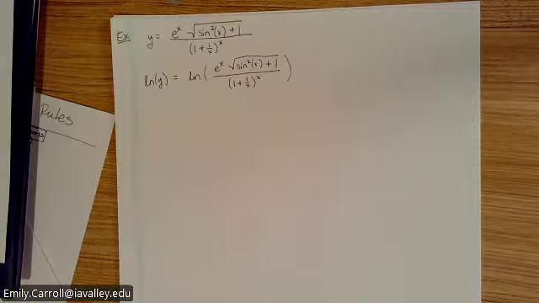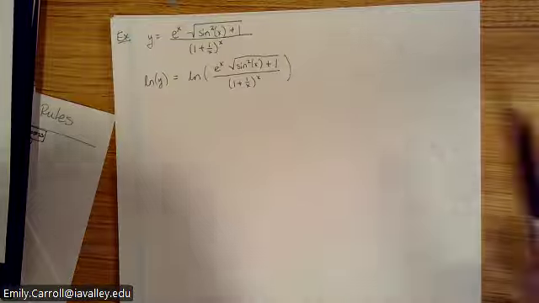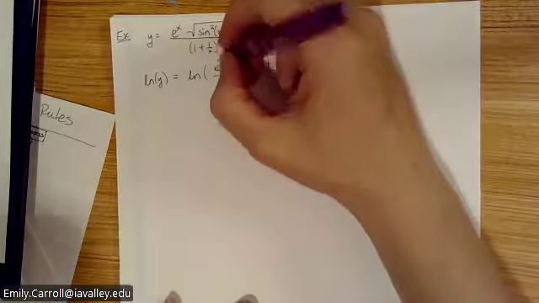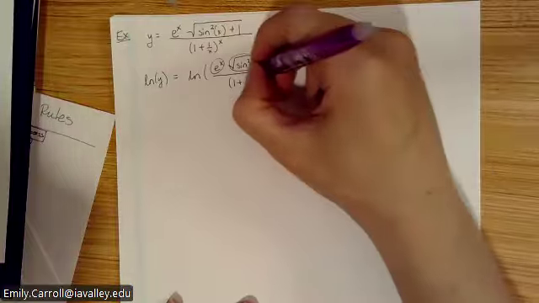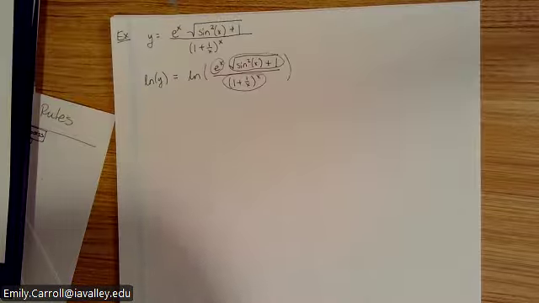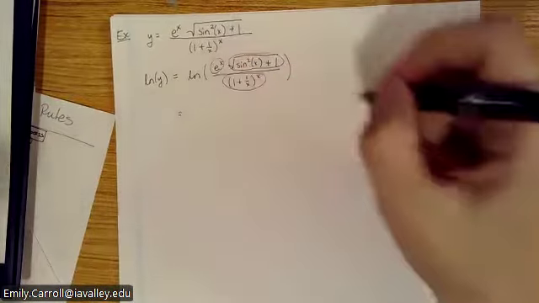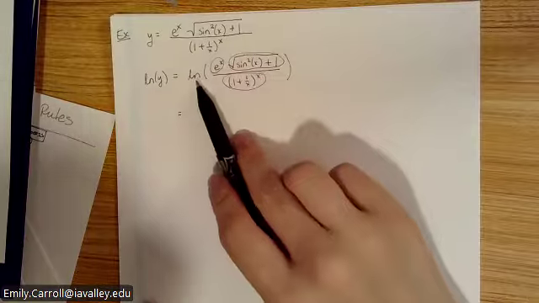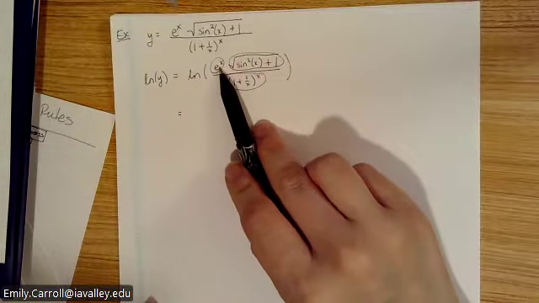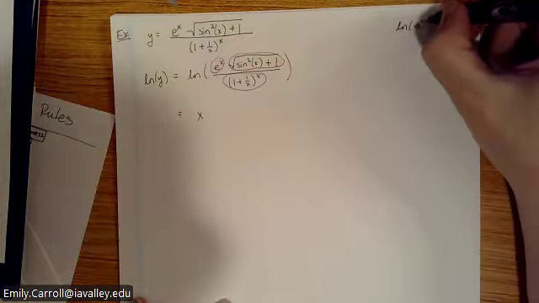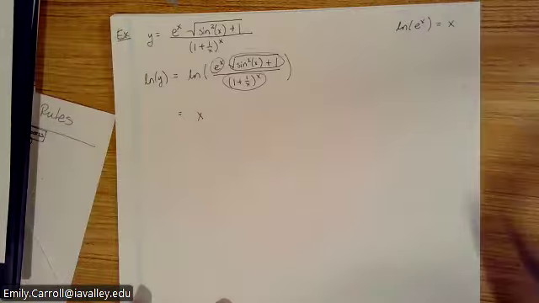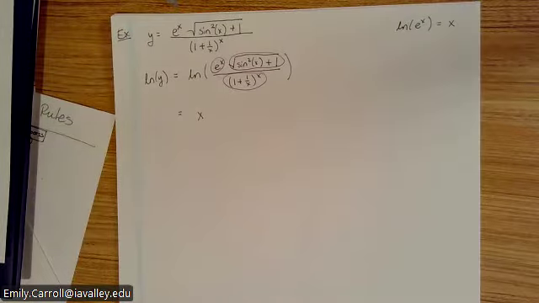Okay. The right side is going to break into 3 different pieces. Well, ln of e to the x is actually just x, because the ln, the logarithm, and the exponential, they undo each other.